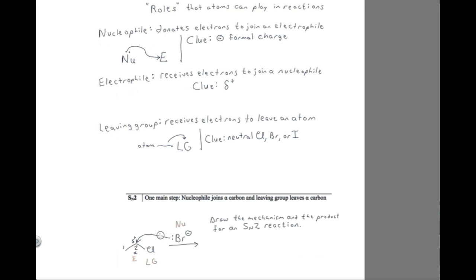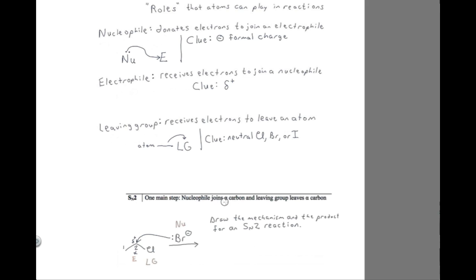It shows the movement of electrons. It's an electron-pushing arrow. So the nucleophile is donating electrons to join the electrophile, which in this case happens to be the alpha carbon. And the electrophile is receiving electrons to join the nucleophile, which in this case happens to be the bromide. One of the things that happens in an SN2 is that the nucleophile joins the alpha carbon.